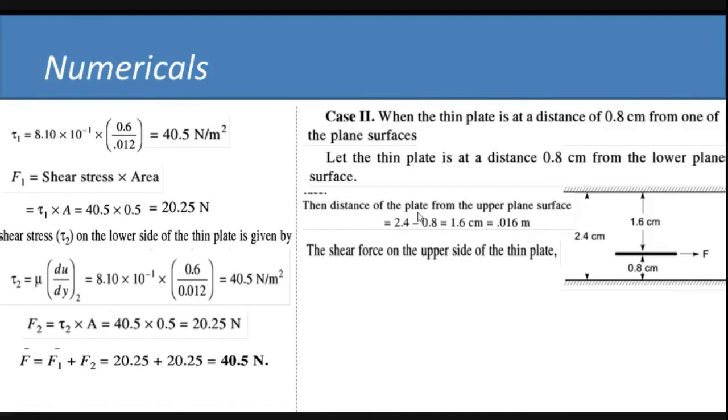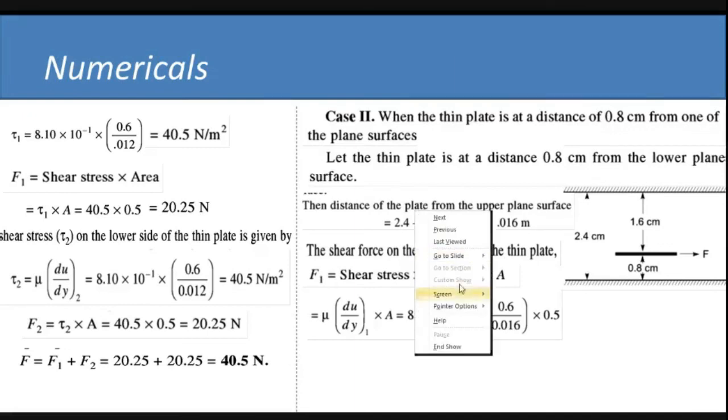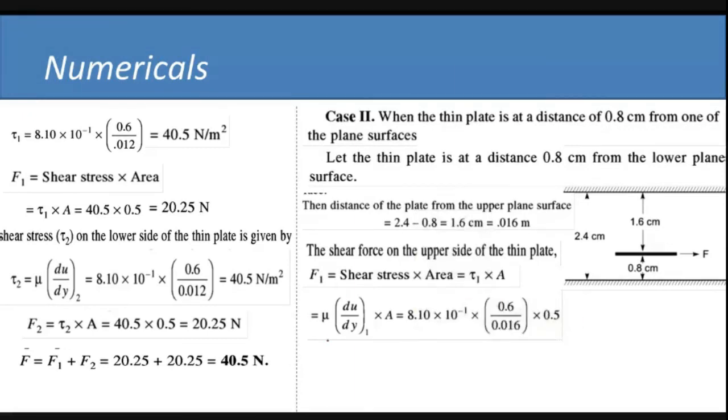Then the shear force on the upper side of the thin plate. First of all, we will calculate on the upper side. So we know tau1 or F1 is nothing but tau1 into A. Now this tau1 is nothing but mu into du1 by dy1. Mu is the same, 8.1 into 10 power minus 1, du1 is again 0.6.